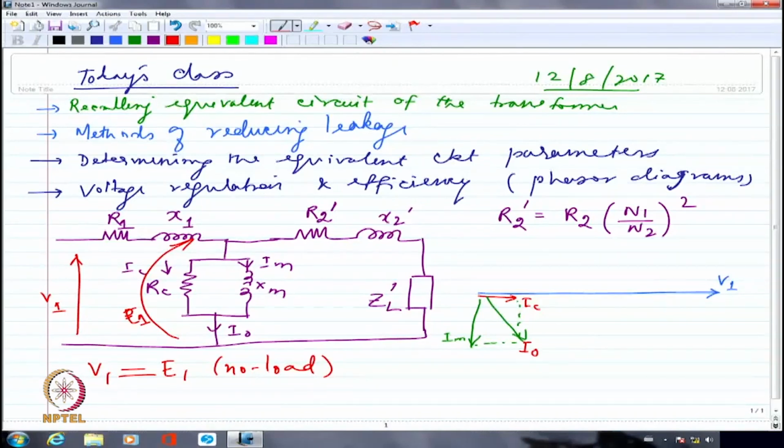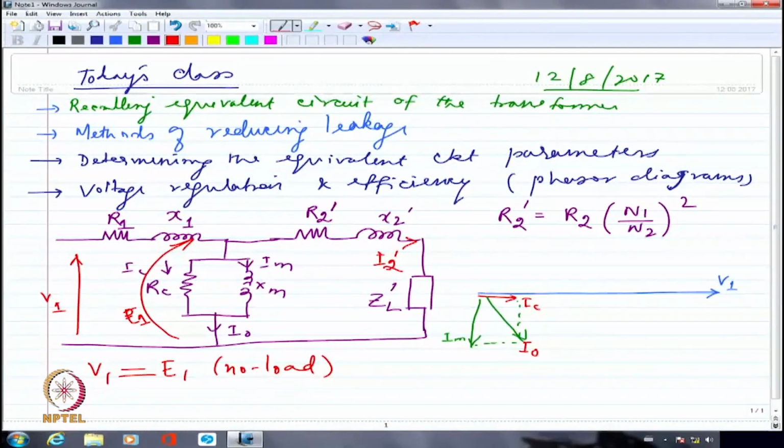Got it? Once I have this as the no load current, let's say I have connected the load now. When I connect the load, I'm going to have definitely a secondary current. So the secondary current, let me call that I2 dash. I should not call that I2 because I have transferred it over to the primary side. So I can't call it as I2 anymore.